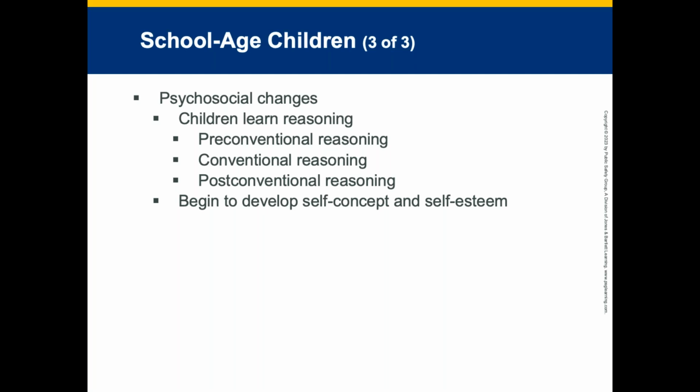Post-conventional reasoning is when a child makes decisions guided by their conscience. We also begin to develop their self-concept and self-esteem. So self-concept is our perception of others, and self-esteem is how we feel about ourselves and how we fit in with our peers.